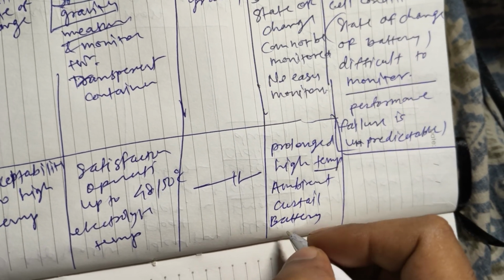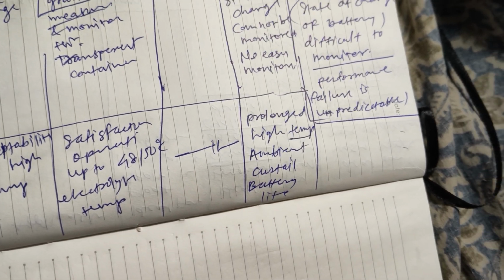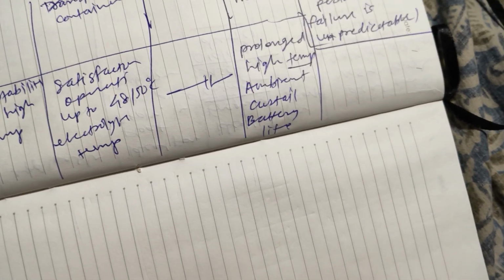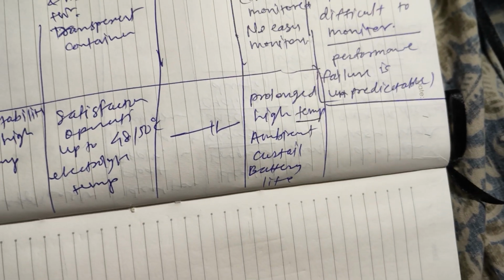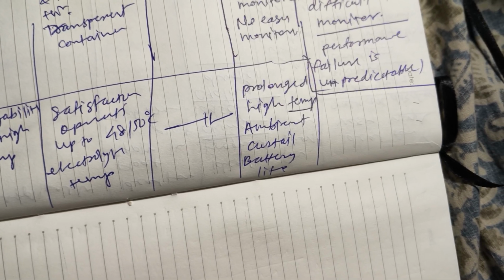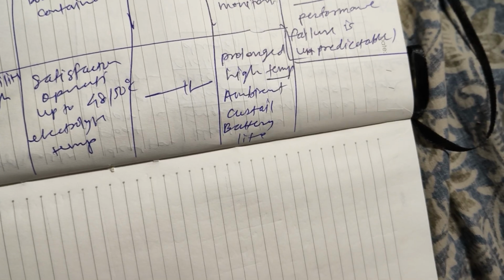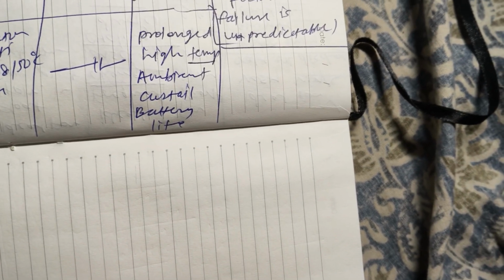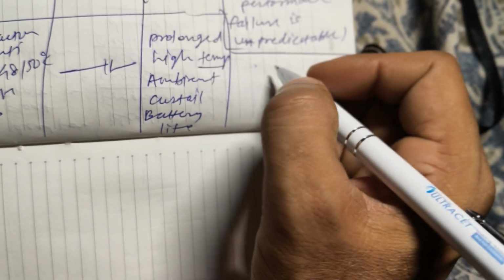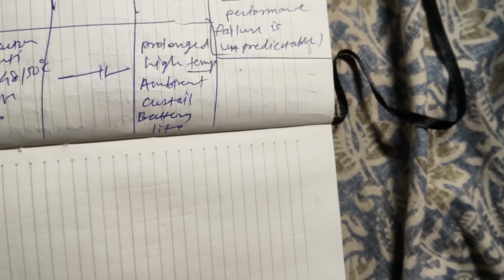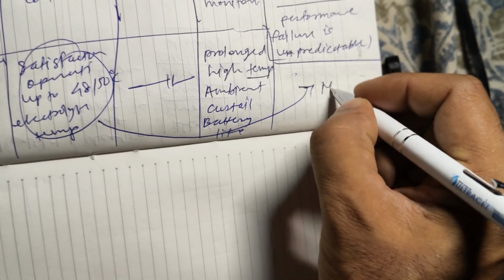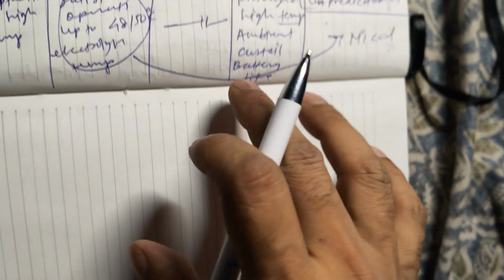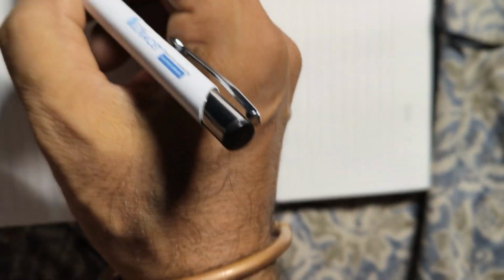Battery life is reduced by approximately 50% for every 8 degrees Celsius above 25 degrees. Here NiCd battery: satisfactory operation up to 48-50 degrees Celsius electrolyte temperature, same criteria. So further, next characteristics we will discuss.